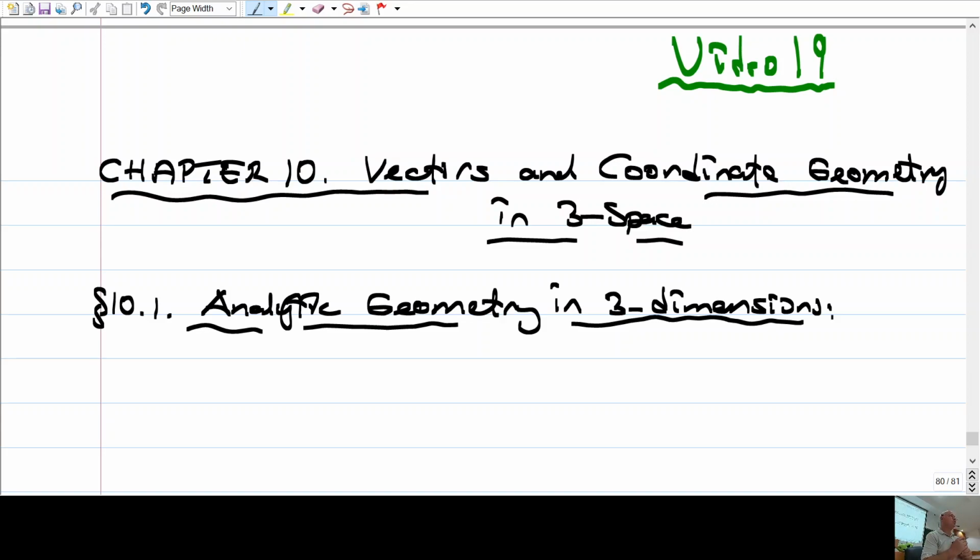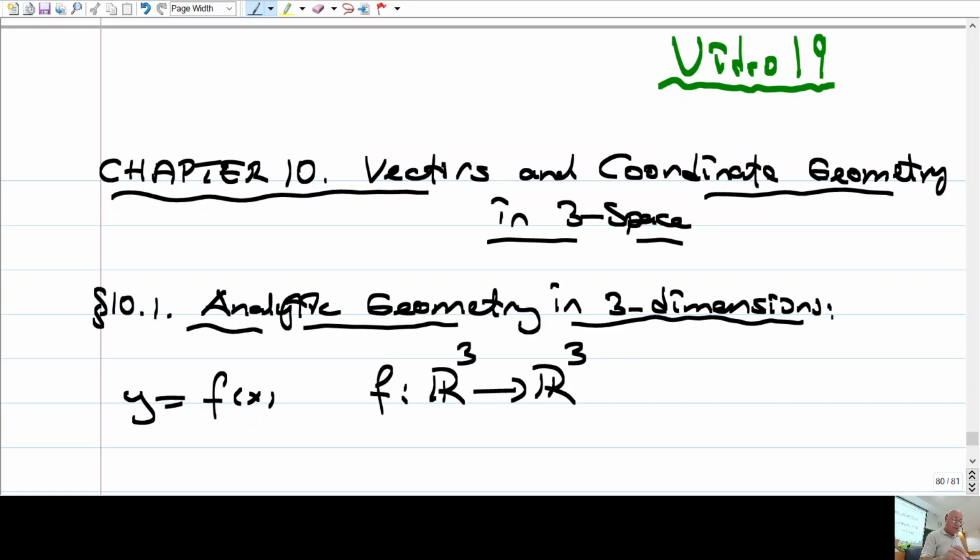Okay. So far, we have studied functions of this kind, a single variable. So far we studied functions from R to R basically, but now we will consider, for example, functions like this, vector valued functions, or functions like this, or in general functions of this type.